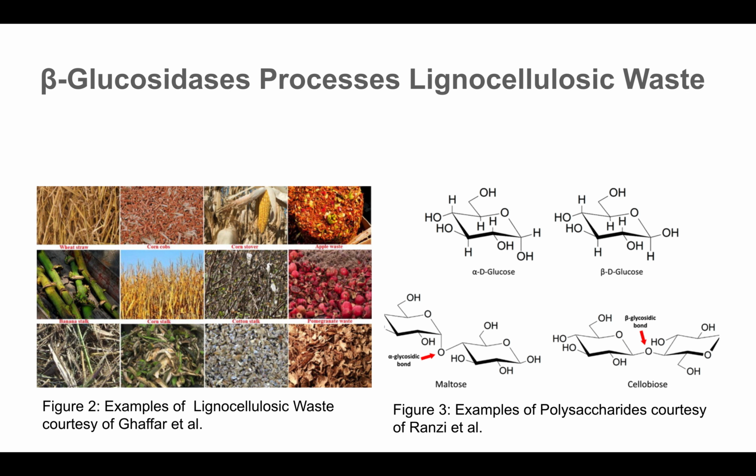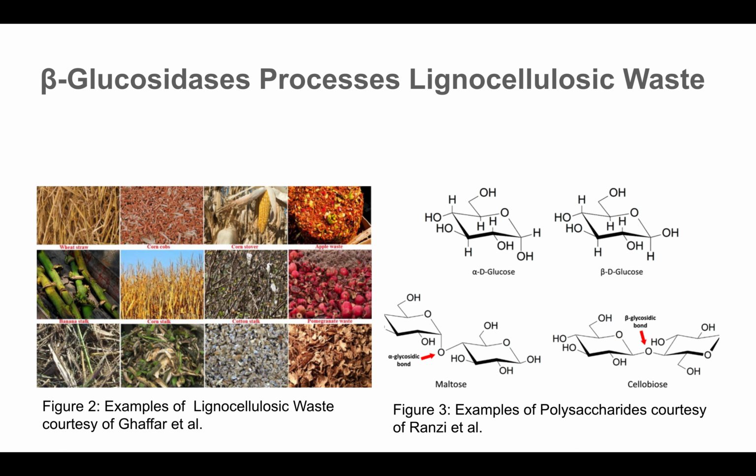Now, molecularly, these are made out of cellobiose, which we see an image of on the right. This is made of two carbon rings coupled together, and this differs from maltose, which is another compound in the same family.